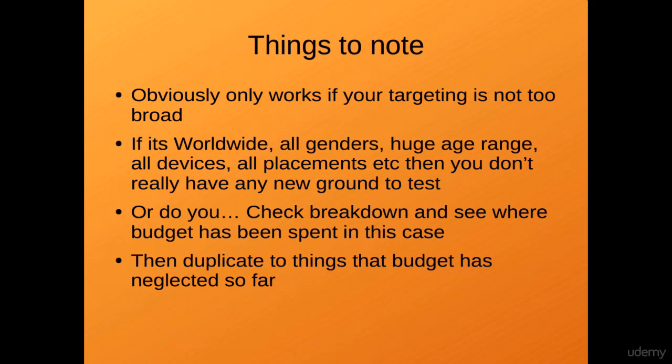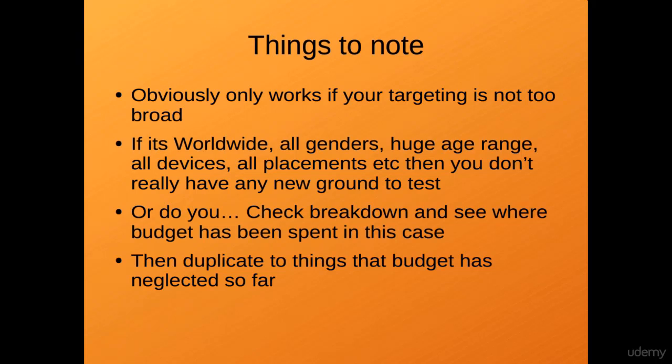So you keep the original running to all devices and the duplicate you'd run to just desktop, because that way you know with 100% certainty where your budget is going to be spent with this new ad set, and it's going to be spent on just desktop because that is what you've put in the settings for this duplicate. And then you can see if perhaps desktop is going to work.